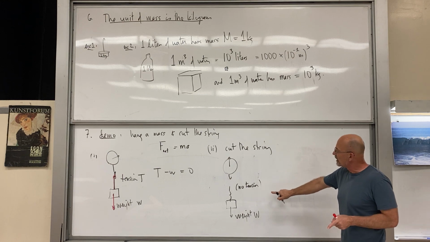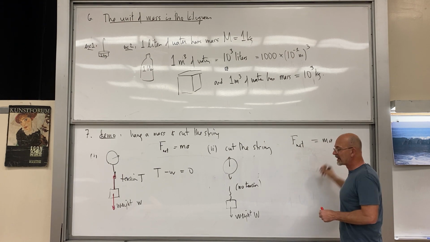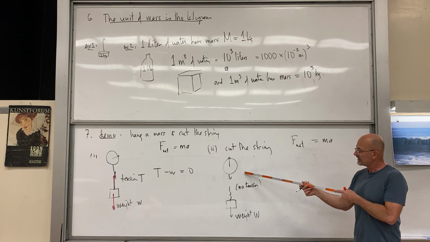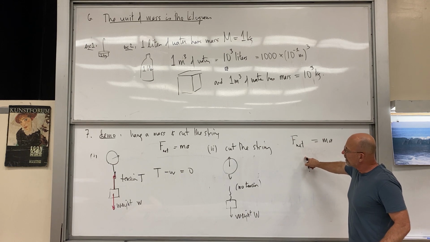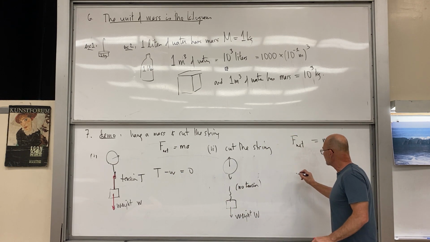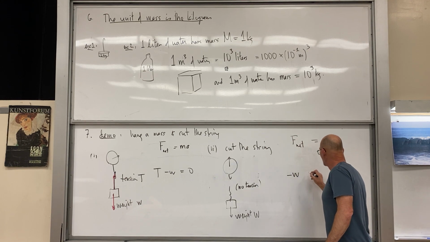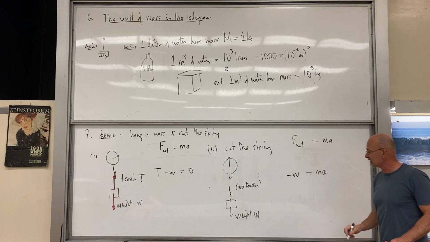So what does Newton's law say about this second scenario where I cut the string? The net force, there's no tension, it's now just minus W equals M times A, okay?